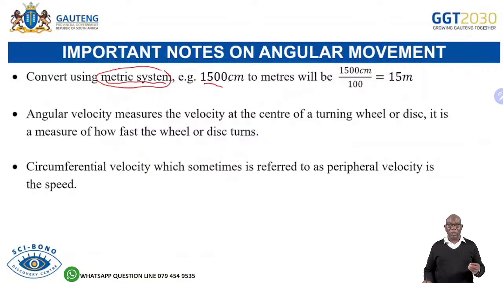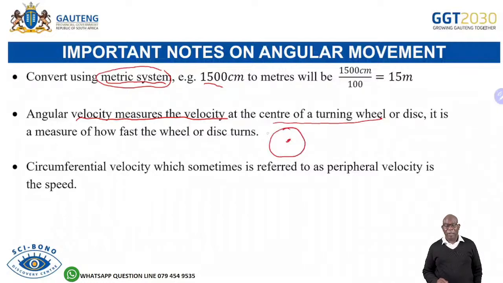But in grade 10, technical maths, we have a topic where you have to convert using the metric system. The angular velocity measures the velocity at the center of the turning wheel or a disc. In other words, when we have a wheel turning, we measure that velocity at the center.